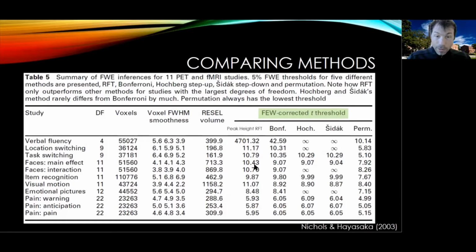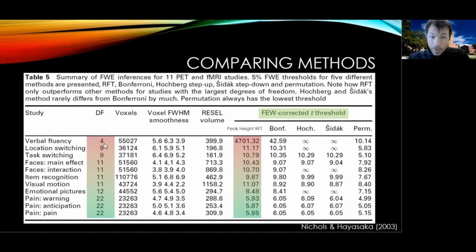So what you're seeing here is the T threshold for a voxel or a cluster to be considered significant. What is interesting is that there's a strong relationship between degrees of freedom and, in the case of random field theory, the threshold.